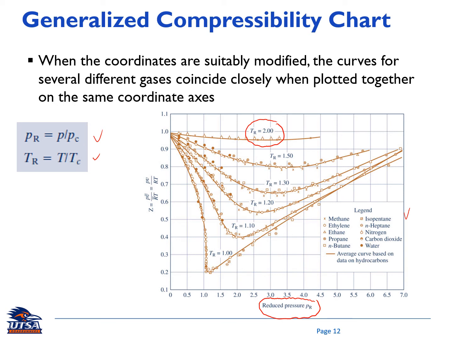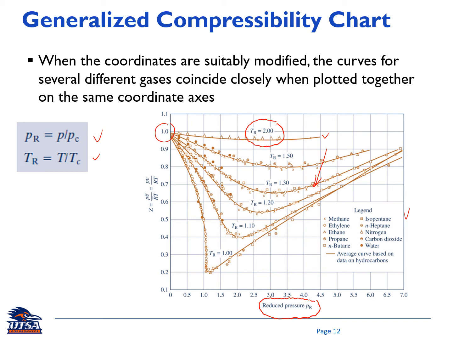So for example, this one is for Tr equal to 2, and then going down here, Tr decreases: 1.5, 1.3, and so on. As you can see here, if I have higher Tr, Z is about 1. It means the substance has a very high temperature.